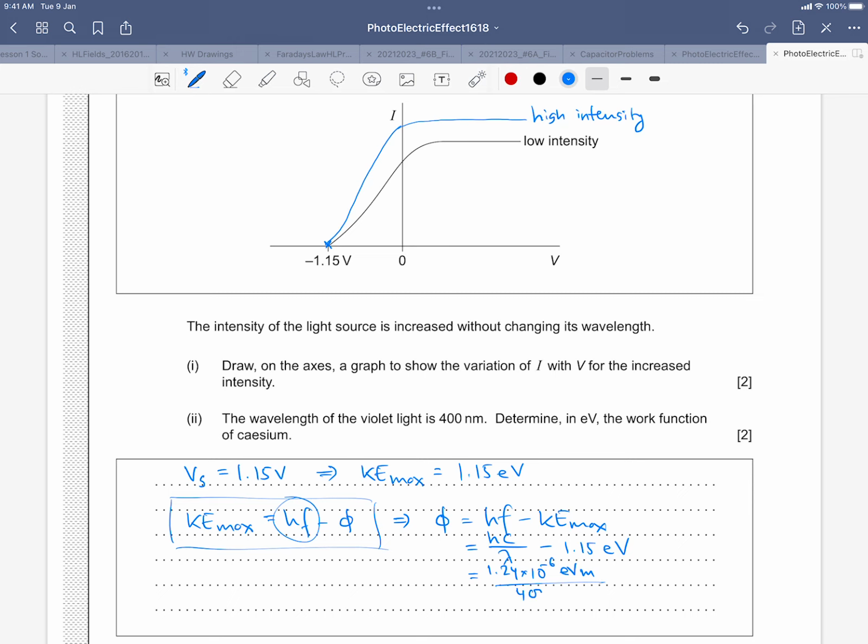Now the wavelength we have here for violet light is 400 nanometers. Meters cancels out, we're going to get eV. Subtract the 1.15 eV. And if you do that, in the end, you get something like 1.95 eV. So that's the work function.